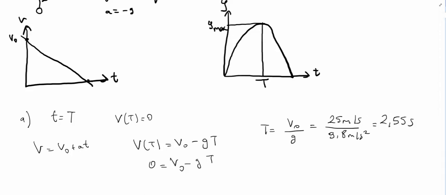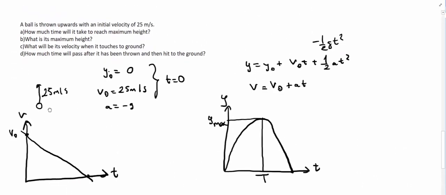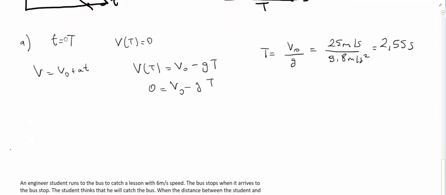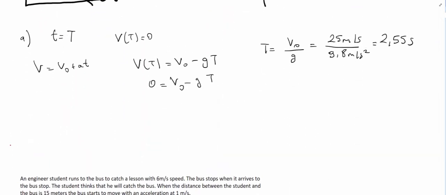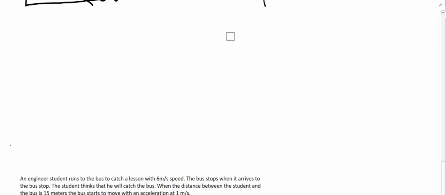Okay, and now let's solve for B. What is its maximum height? Okay, its maximum height. So I think we have a lot of space to write, so I'm raising it. For B, v squared is equal to v0 squared plus 2a(x minus x0).